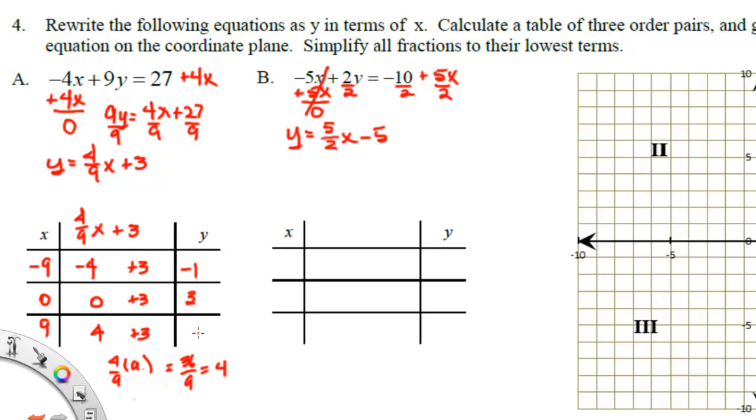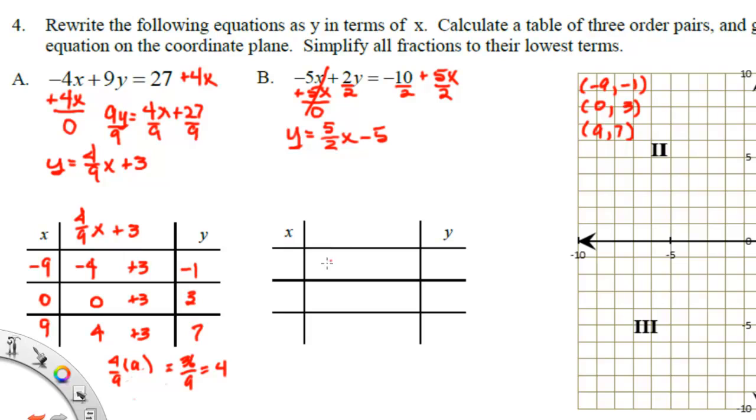So 4 plus 3 is 7. So our ordered pairs, let me write this over here because we're going to need it in a minute, are negative 9 and negative 1, and 0 and 3, and then I've got 9 and 7.